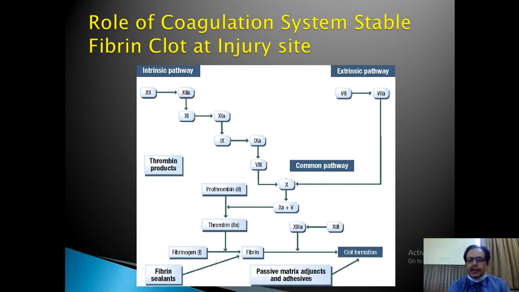Factor 9 is converted into 9A, then it acts upon factor 8. So hemophilias are close to each other. If 8 is deficient, we call it hemophilia A, and if the one step above factor, factor 9, is deficient, we call it hemophilia B or Christmas disease.